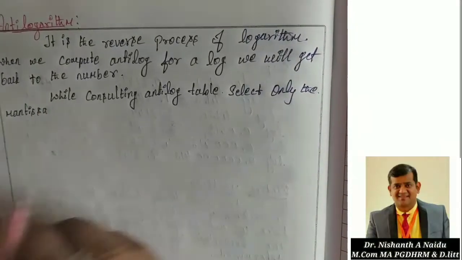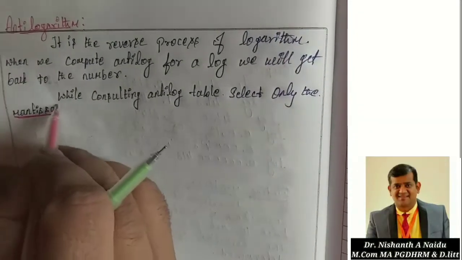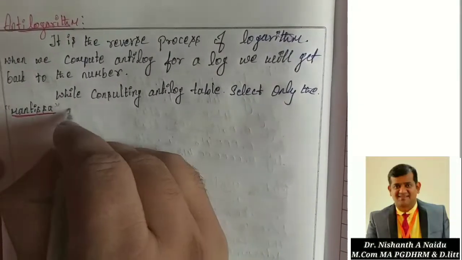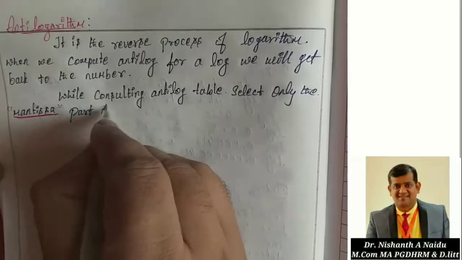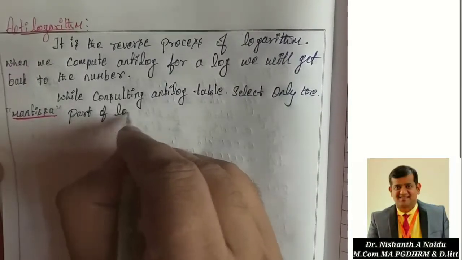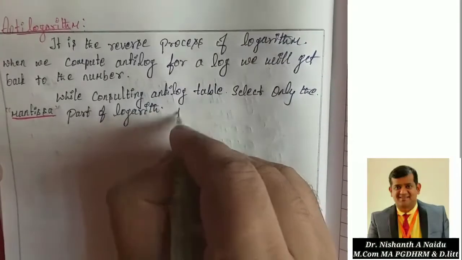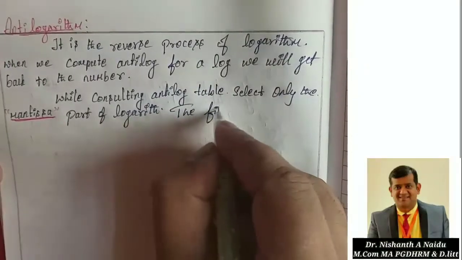So you have to be very careful about this. What are we going to select? We are going to select only the mantissa part of the logarithm.